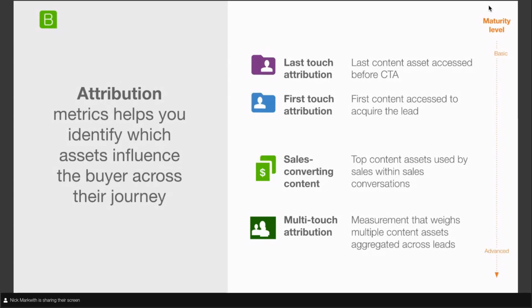First touch attribution is, not surprisingly, the first touch. So it's the first piece of content that you use to acquire that audience member or that lead. It tells you what your best acquisition content is. It allows you to know, all right, what pieces are allowing you to get that volume of leads, but doesn't necessarily tell you what that journey is for that lead.